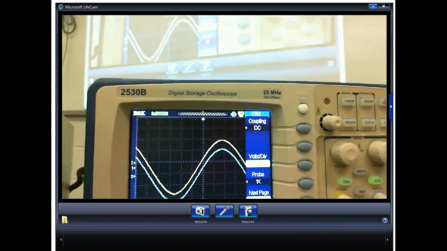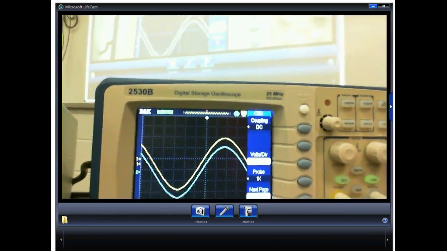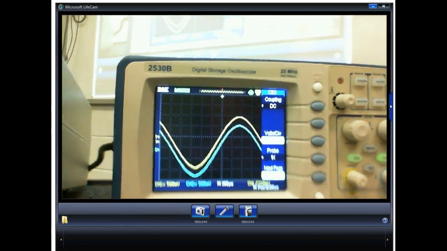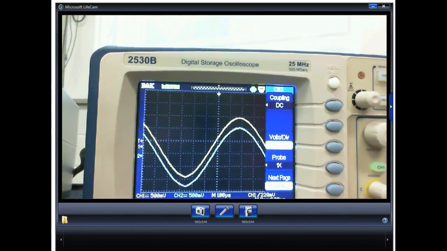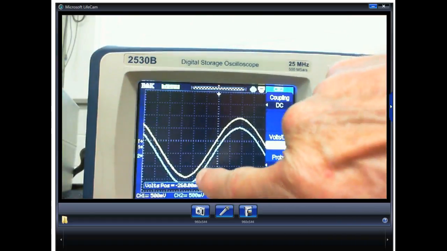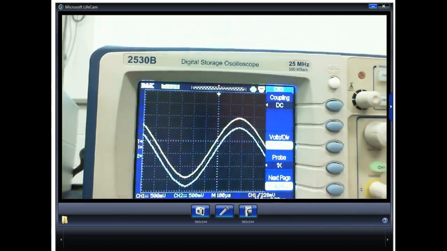So we've got our oscilloscope set on. Get the measurements. Can y'all see it? Well, that focused in pretty good, right? 500 millivolts per division. So 500 millivolts per division. There's 1, 2, 3, 4, 5 divisions.